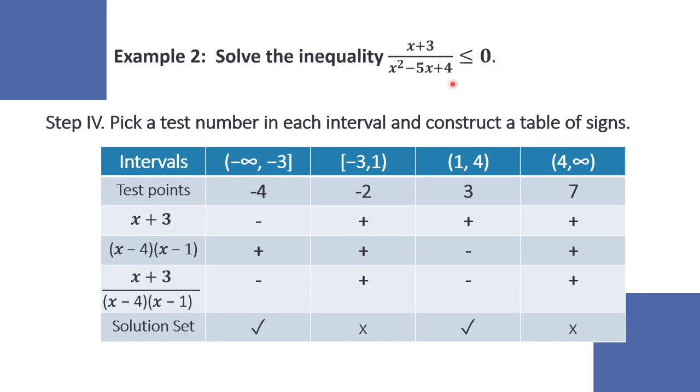Is it positive or negative? Yes, it is negative. This one, negative. So these are our solution set. There are two intervals: from negative 3 to negative infinity, and from 1 to 4.